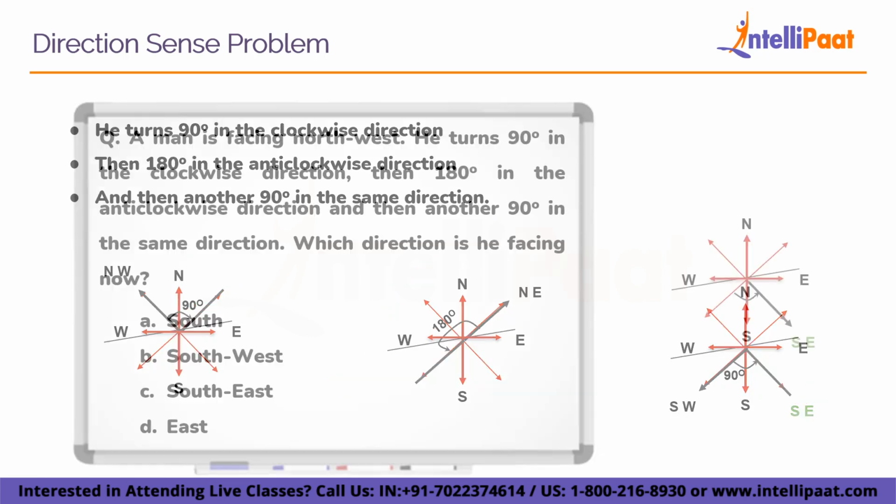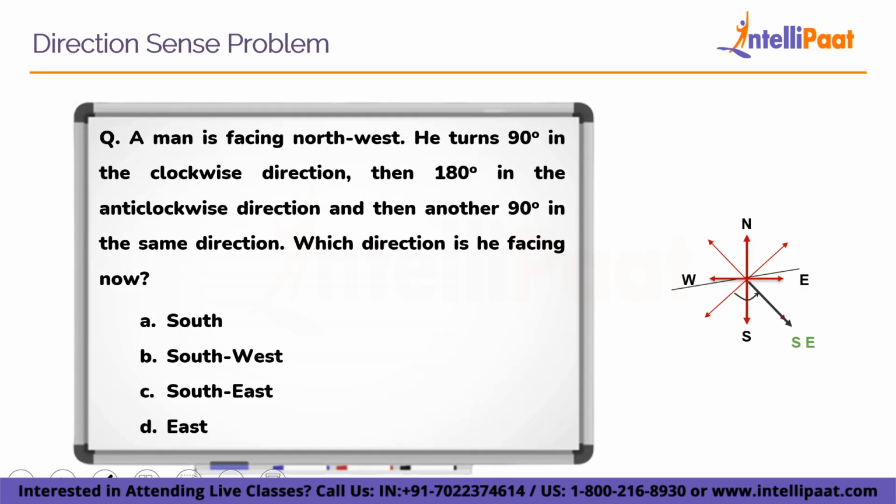So now let's jump into our question. So here is our question, and this is the final position of that man. So according to the information that we have provided, the answer will be southeast. The man was in the southeast direction.